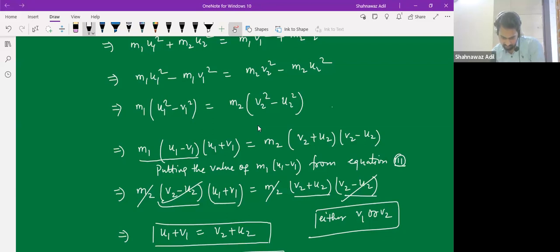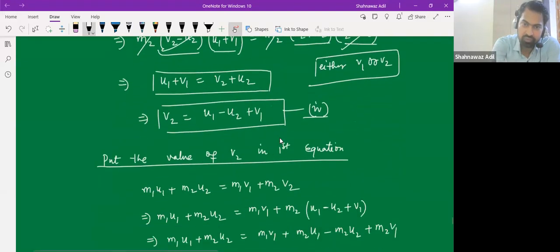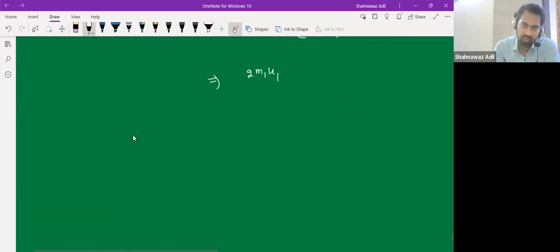So V1 is M1 minus M2 and U1, divided by M1 plus M2.